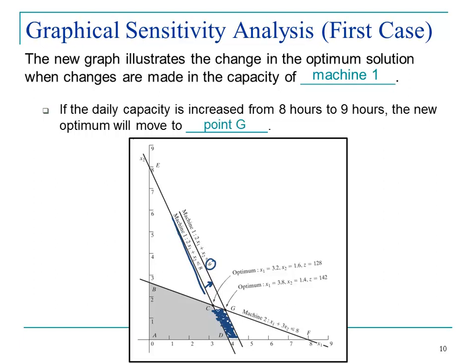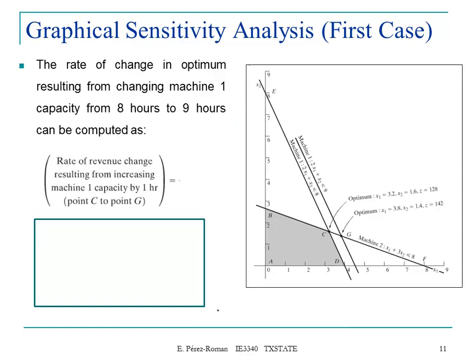Okay? Now, the rate of change in optimal resulting from changing machine 1 capacity from 8 to 9 hours can be computed using the rate of revenue change. Okay? Any idea of how would you compute this change or rate of change from one point to another in this line?